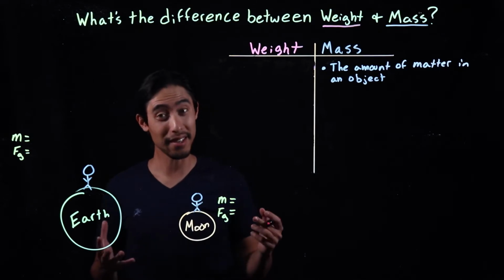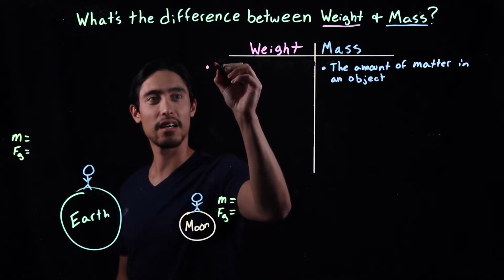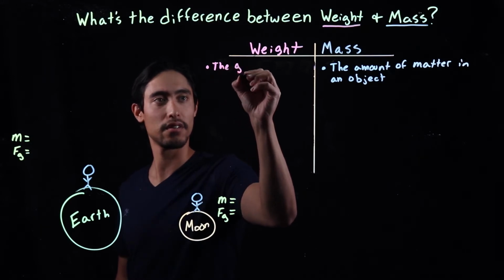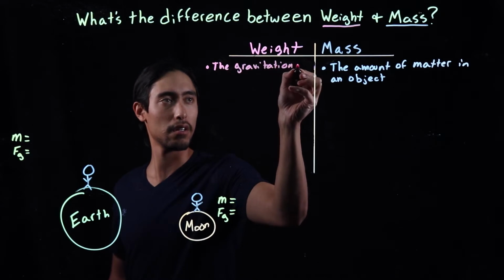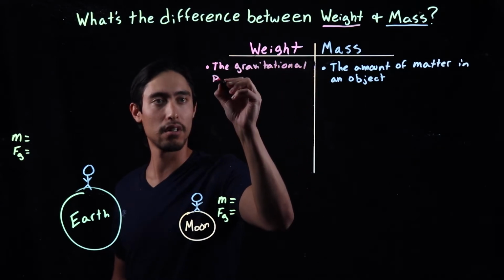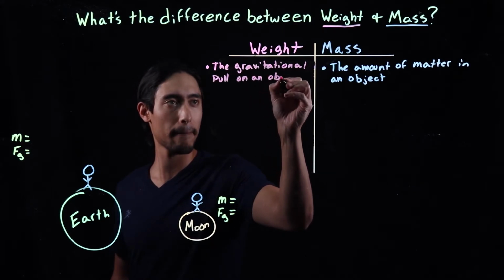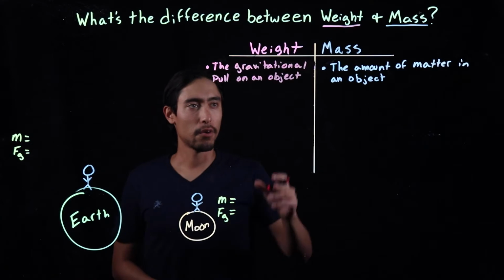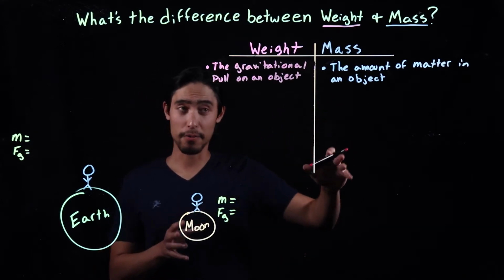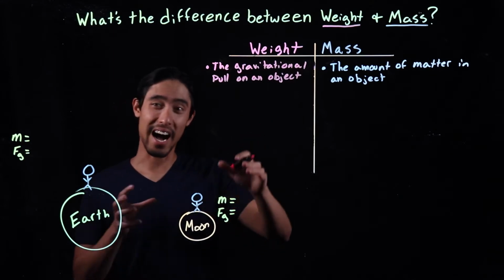And this force is the force of gravity. So it's the gravitational pull on an object. So mass is the amount of matter or stuff in an object, and weight is the gravitational pull on that mass.